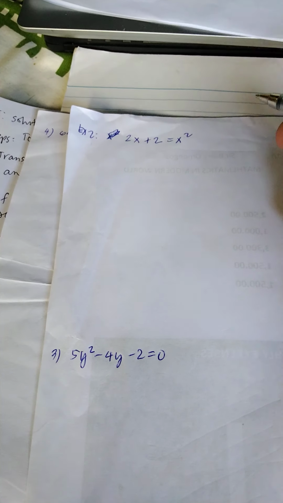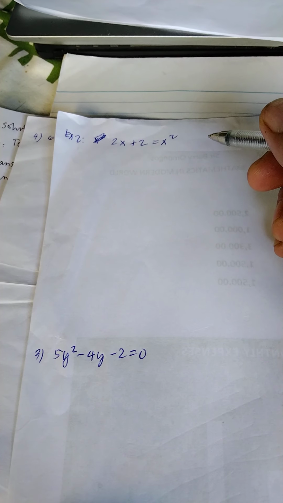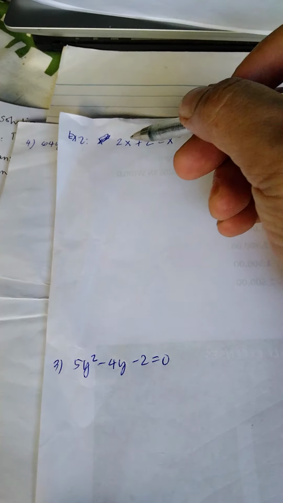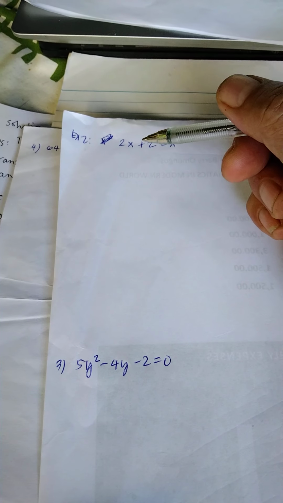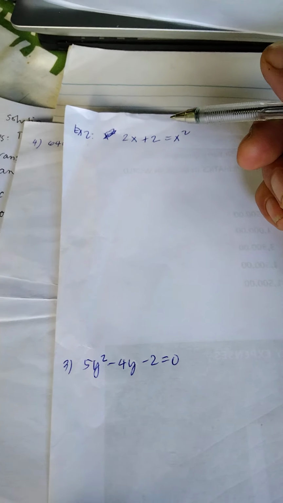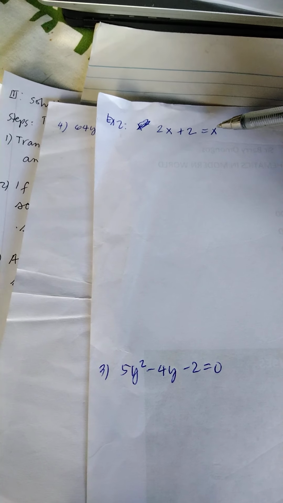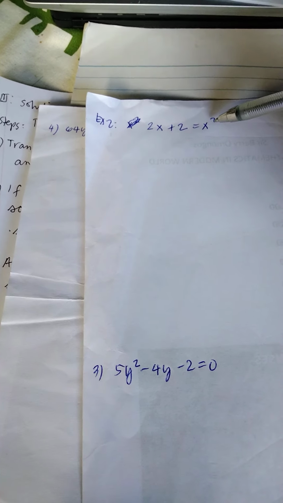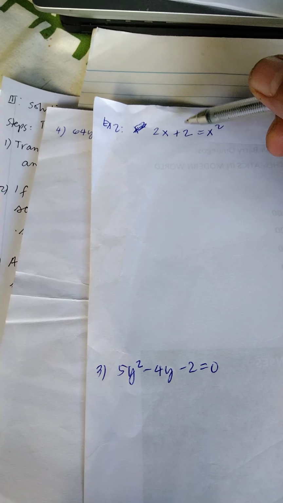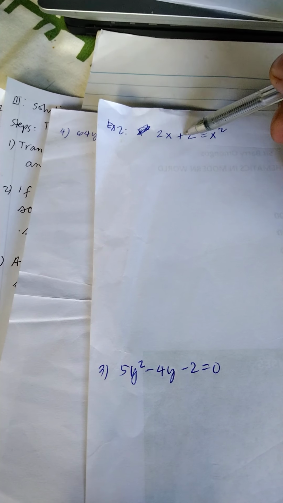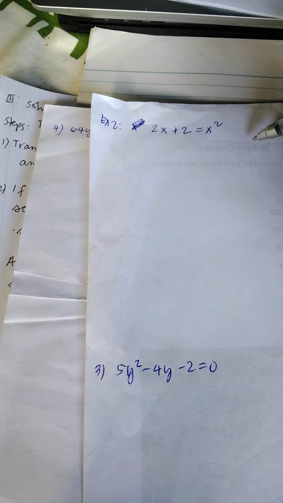Okay? So, let us consider example number 2. This example number 2 is in the handout, in the lecture notes, with the steps. So, let us try to answer it. You are given 2x plus 2 is equal to x squared. So, this is not in standard form. One side should be 0. Now, since x squared is positive, the terms on the left side will be transposed to the right side.